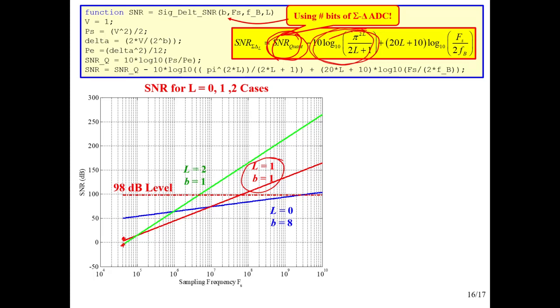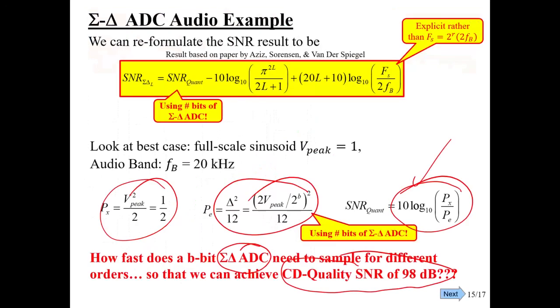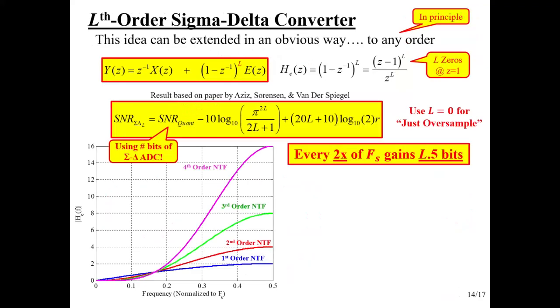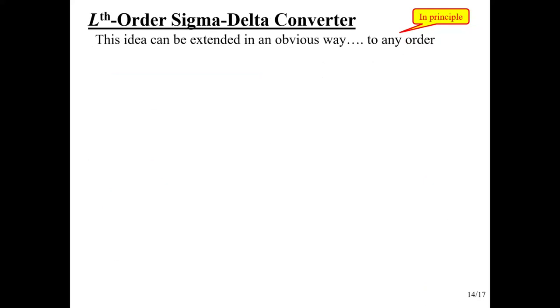Starts down here. But notice that the red one, the L equal to 1, its rate goes up at 9 dB per doubling. Am I right? 9 dB per doubling. And this is going to go up. Wait, did I get that right? I better go back here.